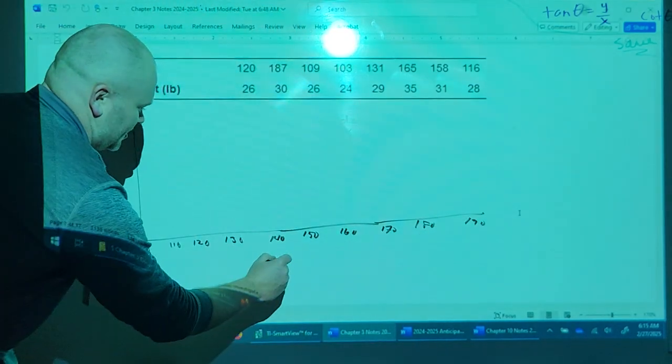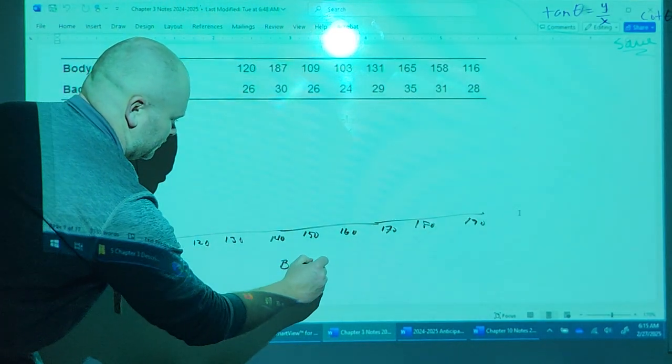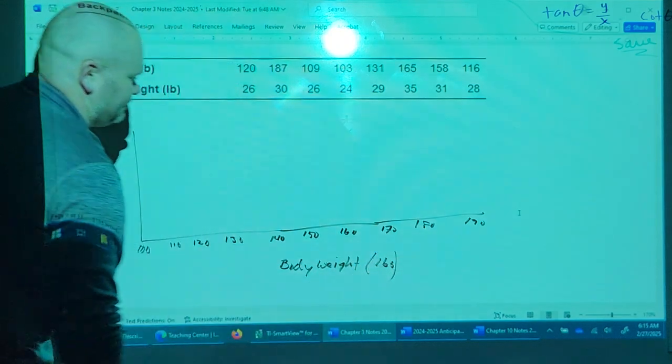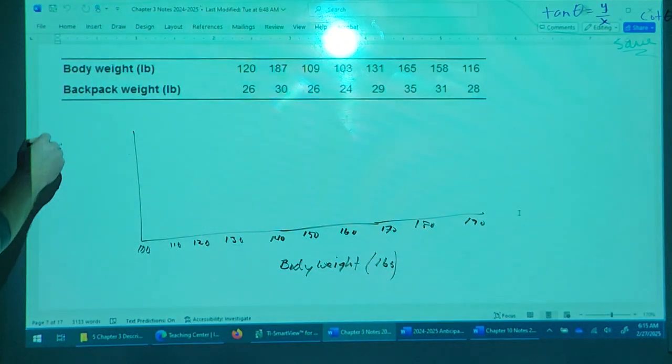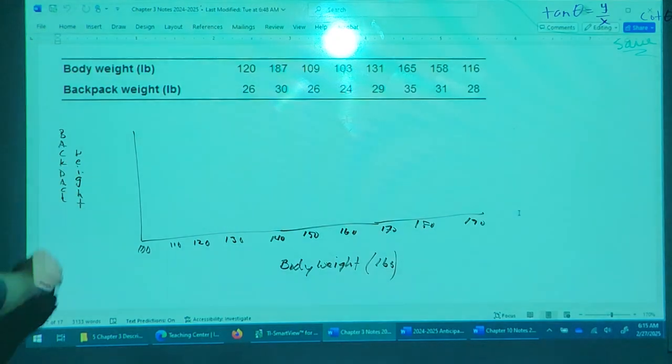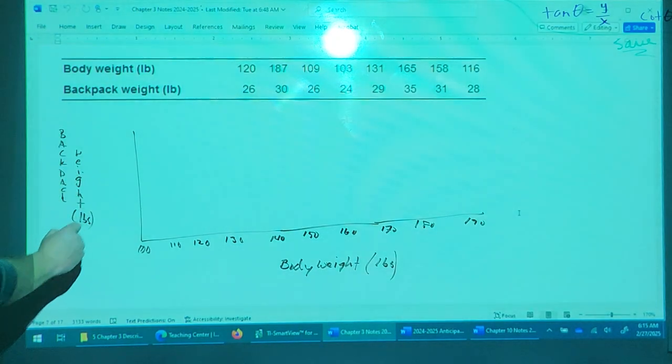Label the axes: the x-axis is body weight, and the y-axis is backpack weight, again in pounds.